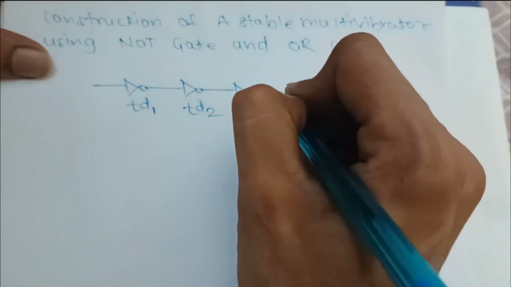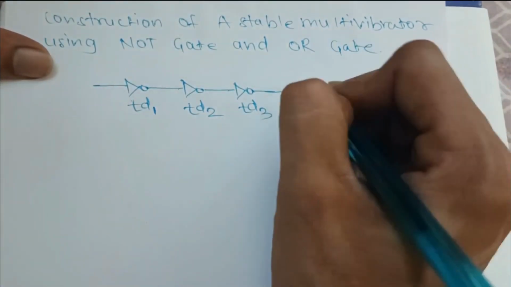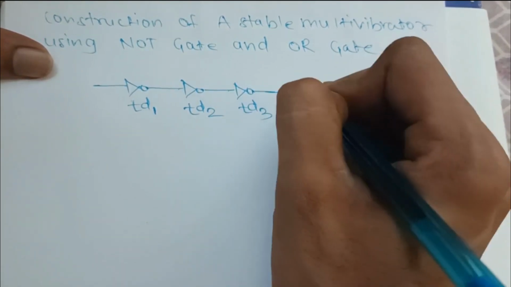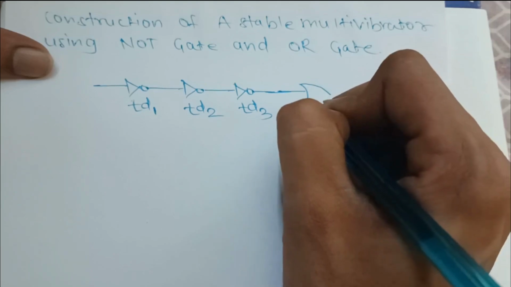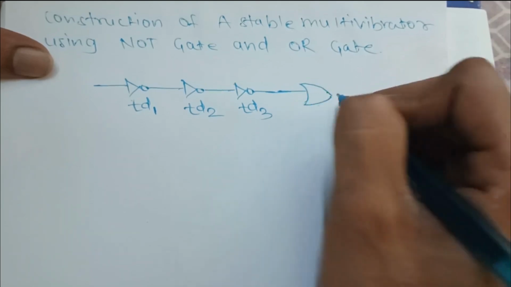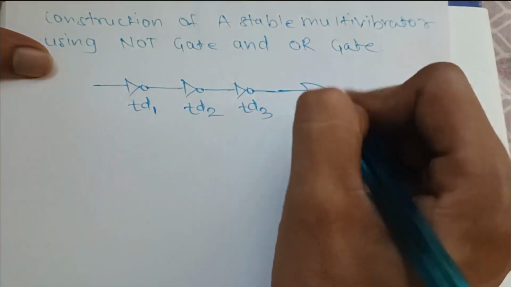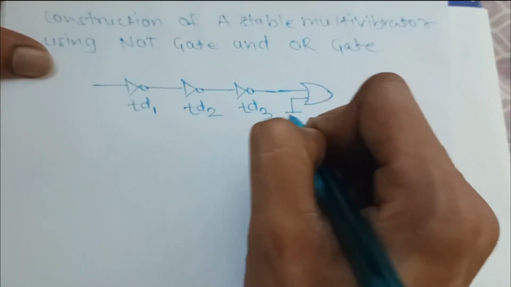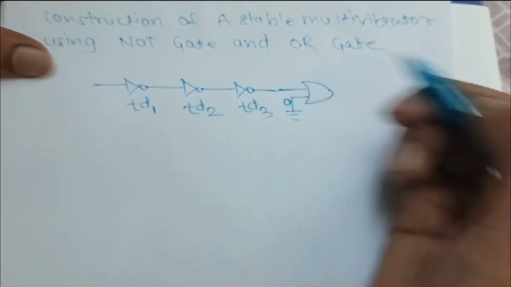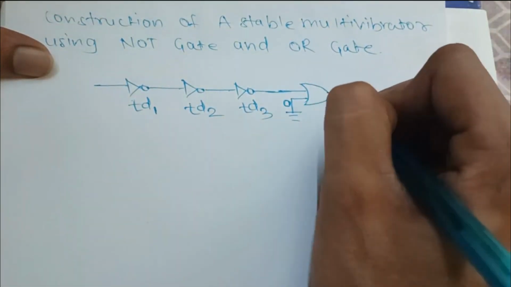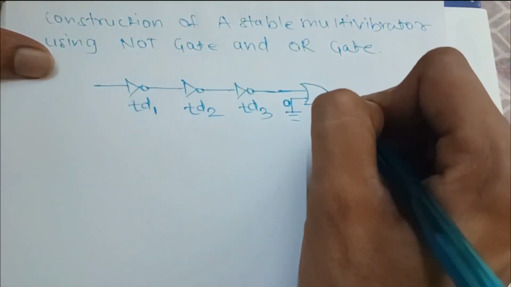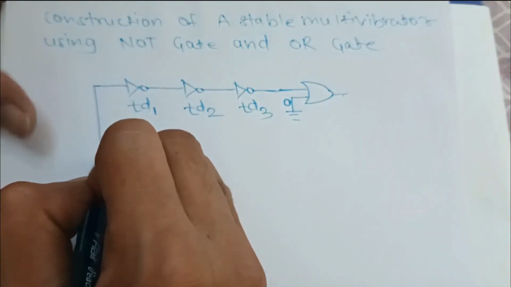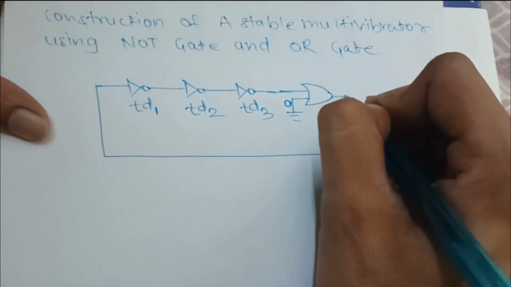And this output is given to our OR gate. Next, one of the inputs of the OR gate is going to be grounded, that means it is going as 0 input. And the output of the OR gate is going to be used as an input to the first NOT gate.